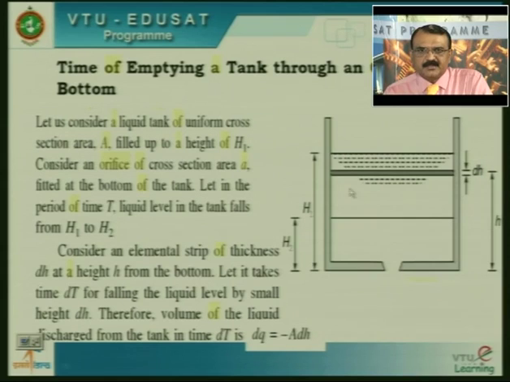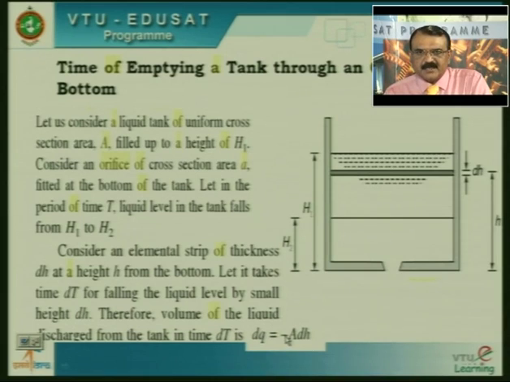I repeat, dQ, the discharge in this short interval of time, is given by the volume of this strip, which is the area of the tank into this depth, that is dh. That is what I represented here: dQ is equal to minus A into dh.